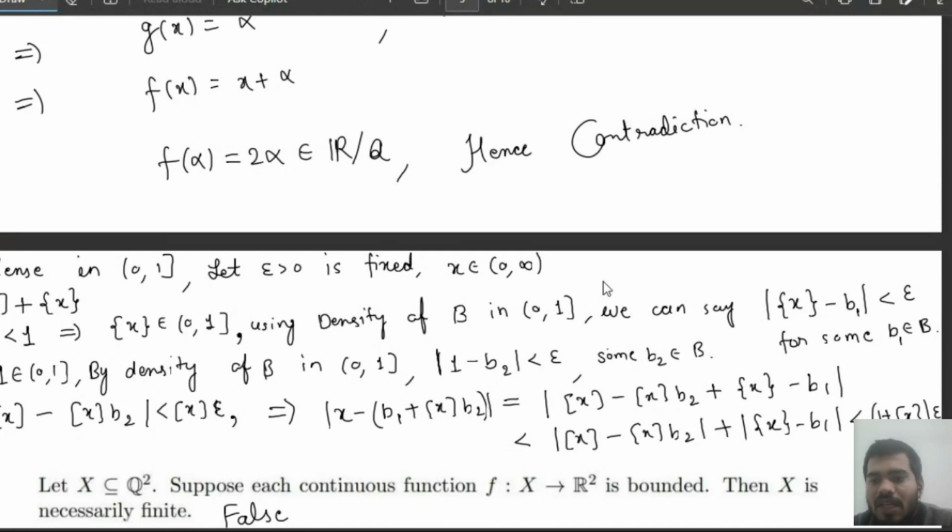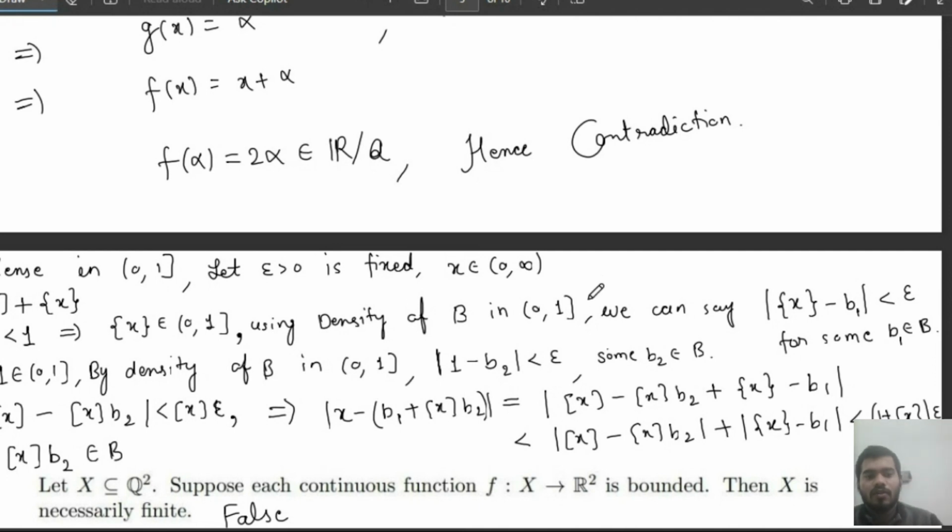Since epsilon was arbitrary, it can be made as small as you wish. Hence this element b1 plus the greatest integer of x, which is again an integer, also belongs to b. And hence b is dense in 0 to infinity.